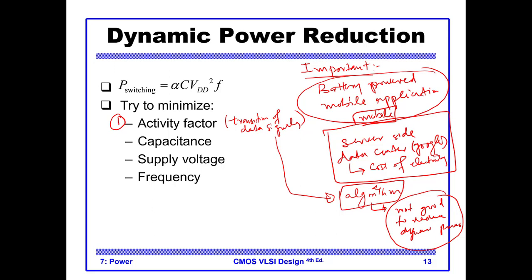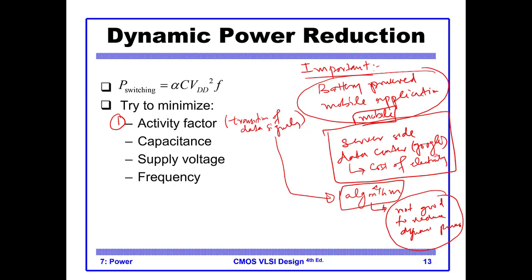You can change maybe algorithm 1 to algorithm 2, and algorithm 2 may have less data transitions than algorithm 1. Imagine you are computing the factorial of a number. You can write an algorithm with for loops, which may be algorithm 1, and you can write an algorithm with recursion, which may be algorithm 2.